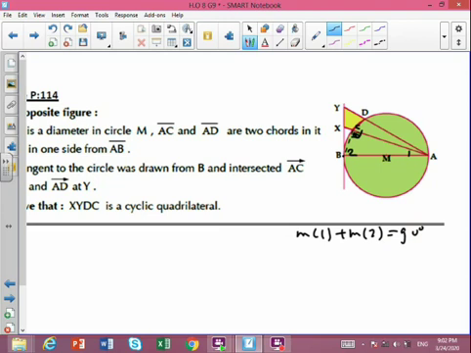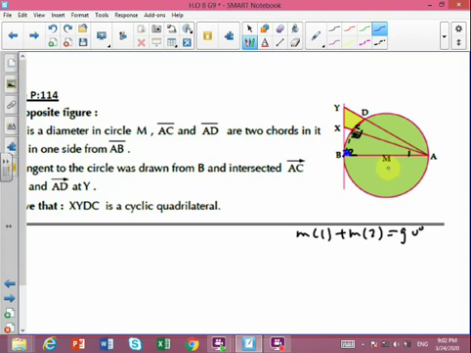Okay, and I have another important given, the tangent. AB is a diameter and BX is a tangent. So the measure of angle ABX, this angle, is 90 because it will be perpendicular.